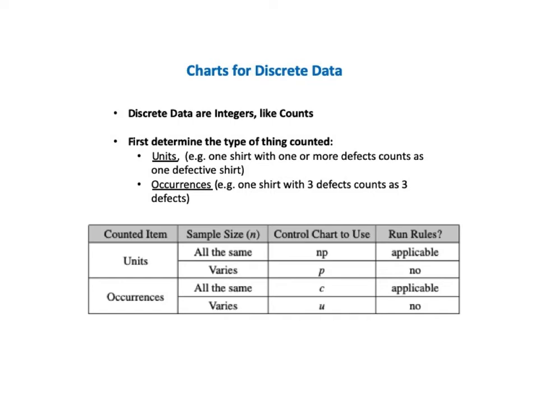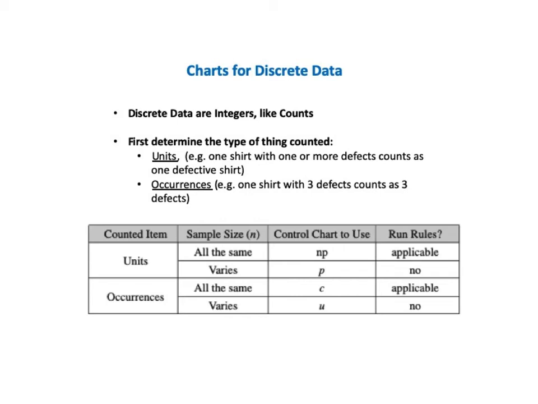Discrete data are integers such as counts. Counts are non-negative. In contrast to continuous data, there are no intermediate values between consecutive integer values. For discrete data, the first criterion in selecting a control chart is the type of thing counted. Are we counting units or are we counting occurrences?